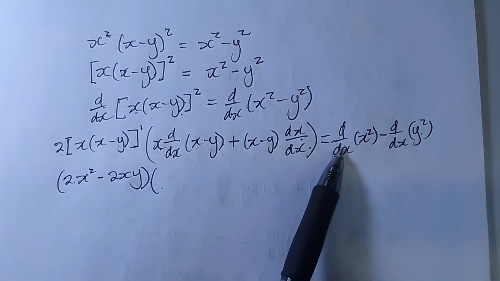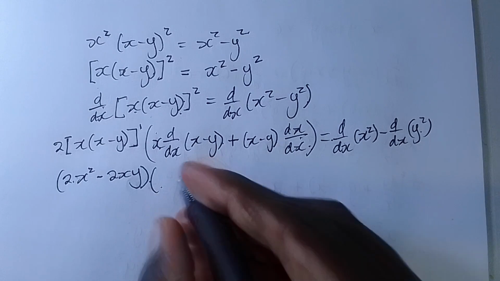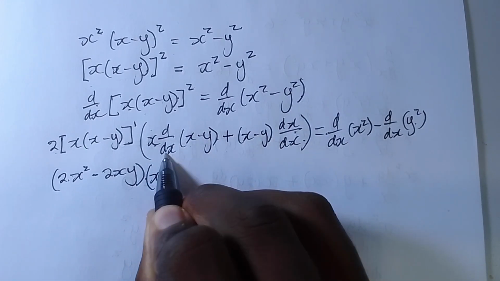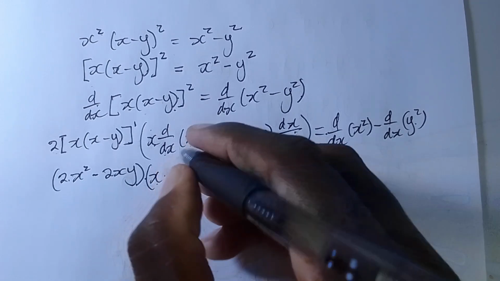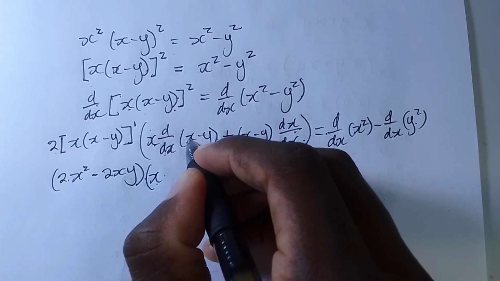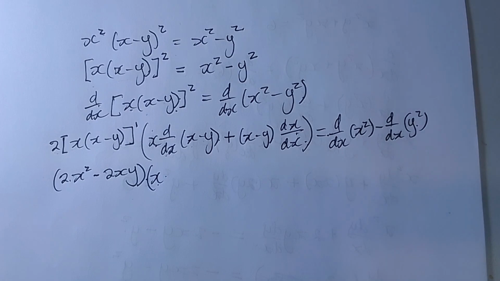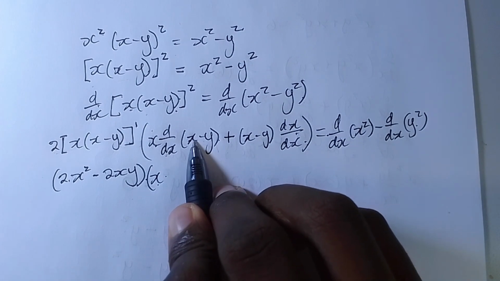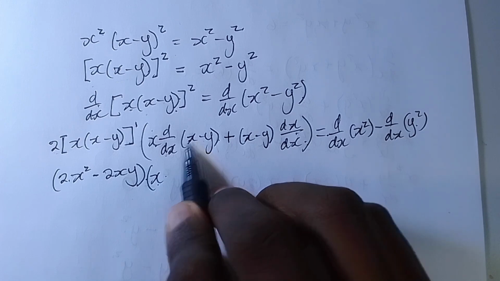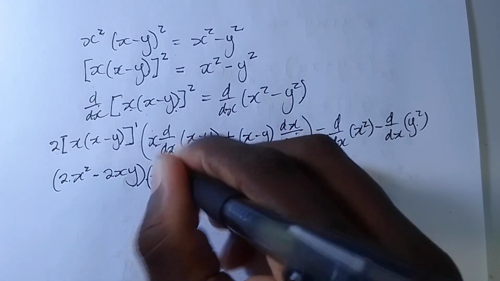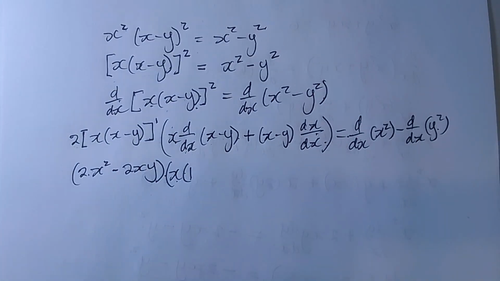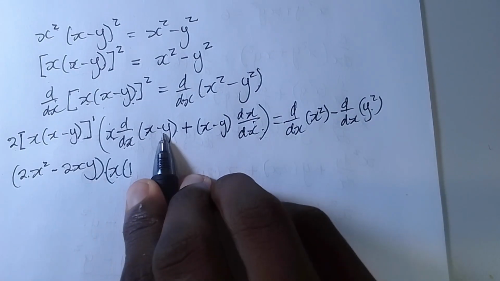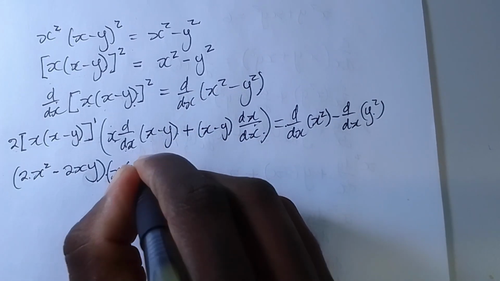Let's get inside here. We have x. We distribute the derivative sign. Let's move a bit faster. If you take the derivative sign there, you'll be looking for the derivative of x. We already know the derivative of x to be 1. If you take the derivative sign there, you'll be looking for the derivative of y.